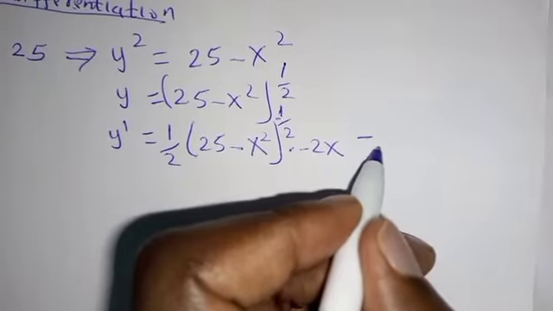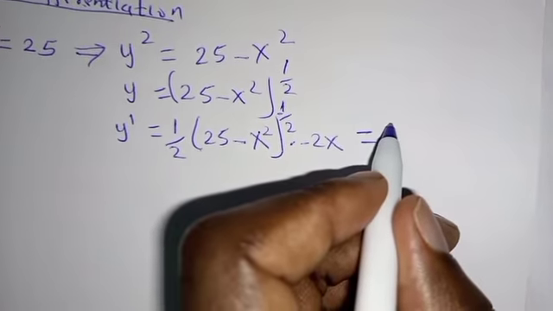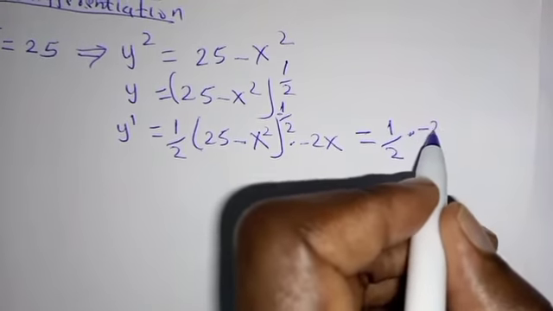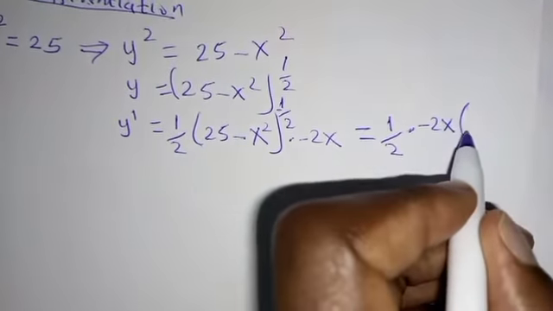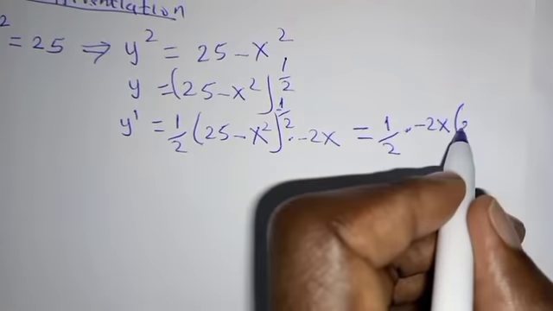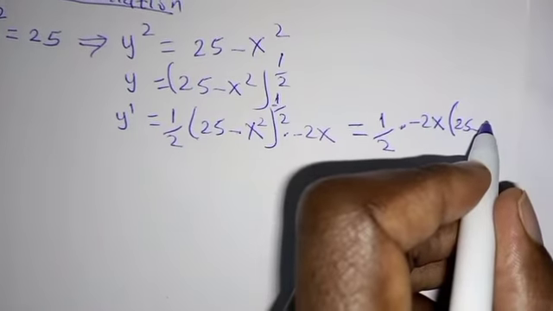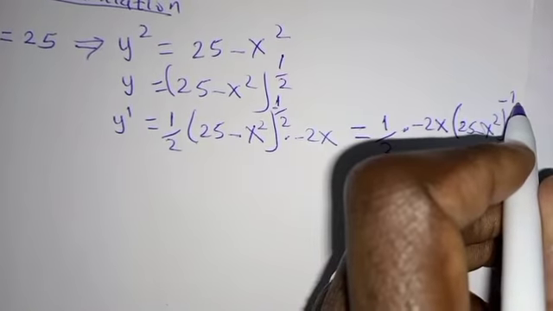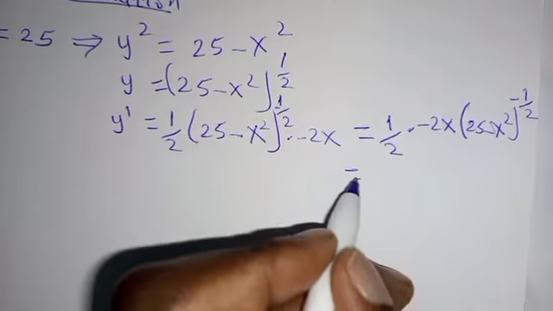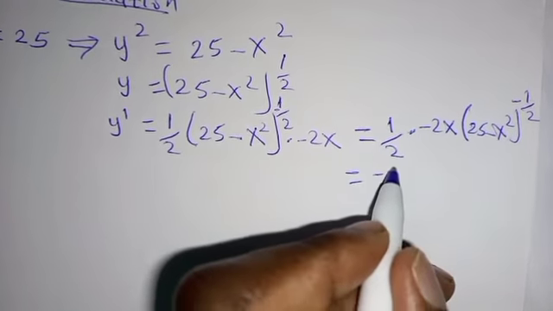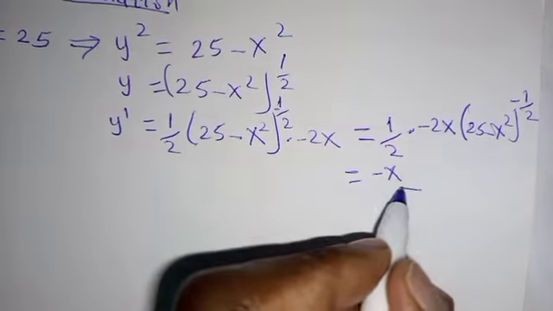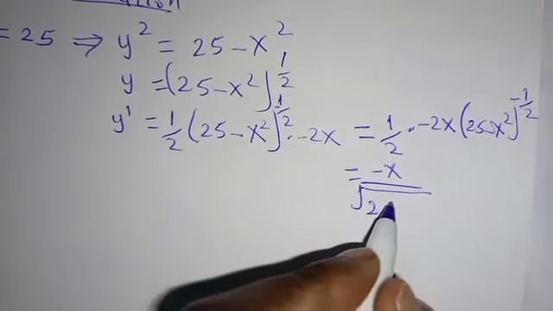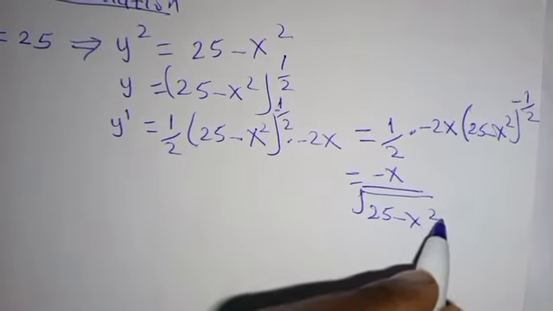This gives you half multiplied by negative 2x into bracket 25 minus x squared power negative half, which is the same as negative x divided by square root of 25 minus x squared.